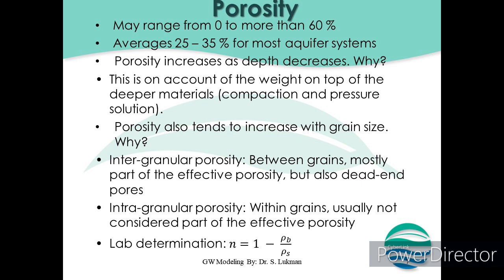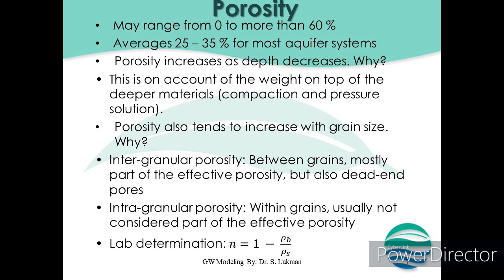Okay. Because as the grain size increases, the space also increases. And we are referring to a soil matrix that is not well graded. For well graded soil, it is different.